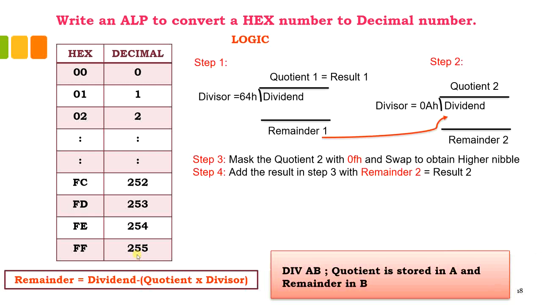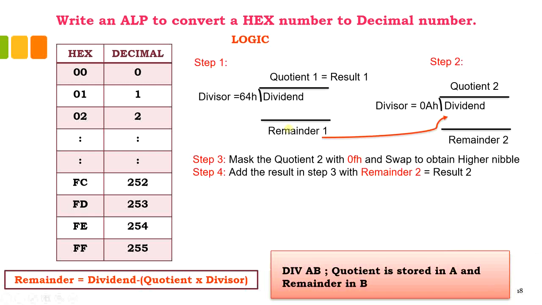Now, when you are going to understand the logic of the program, we have certain steps that we will be considering. There are various ways of writing this program. You can perform the division of a hex number by 10 continuously and then obtain the result in its decimal equivalent. But the logic that I have considered here is that we are going to consider the hexadecimal number and perform the division by 100.